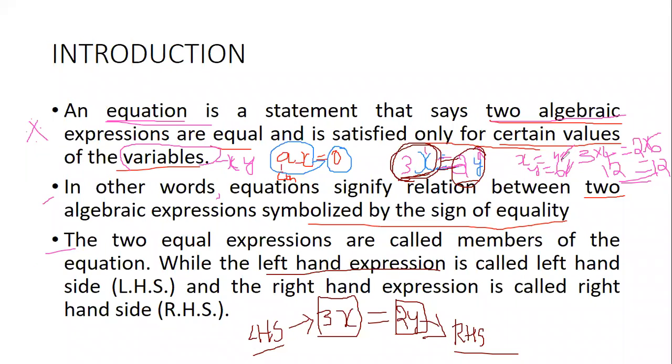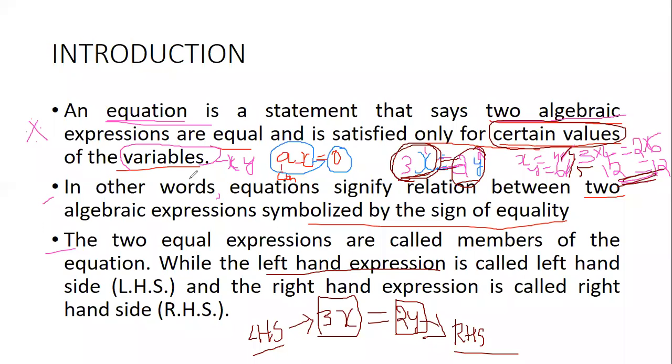For x and y, if I take 4 and 6, I get 12 is equal to 12. But if I take some other values, let's say 4 and 5, I don't get the same number. So only for certain values will the expressions become equal. So that is an equation.